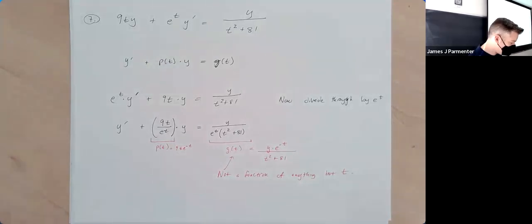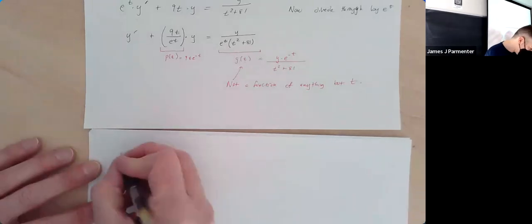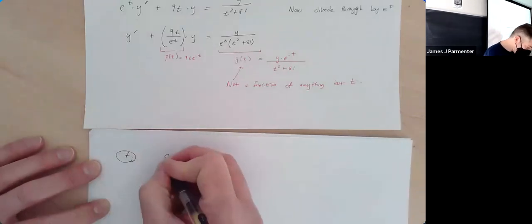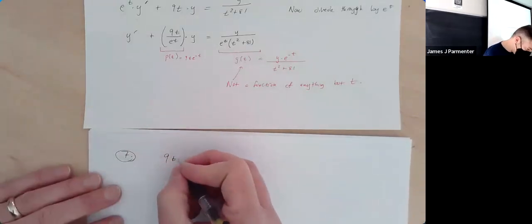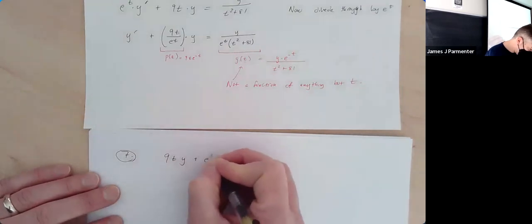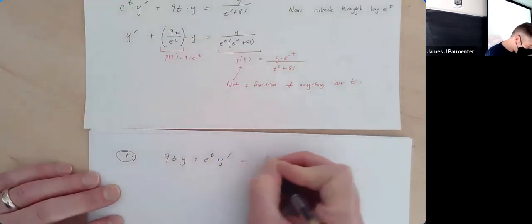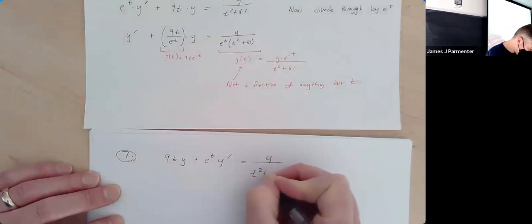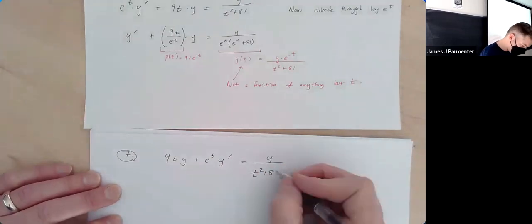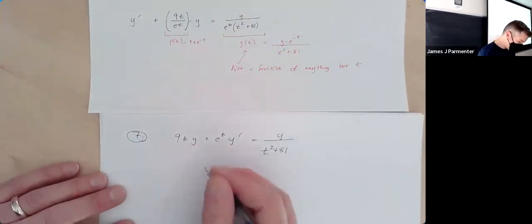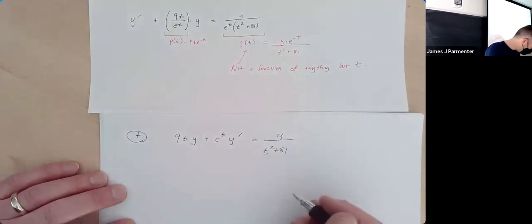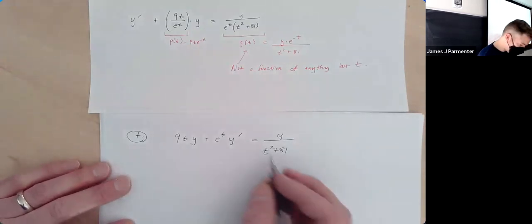So what we actually need to do is start over. Let's try again. What we had was 9ty plus e to the t y prime equal to y over t squared plus 81. So we still need the y prime first. Interesting. What do we do here? Okay, well, let's try and figure it out.